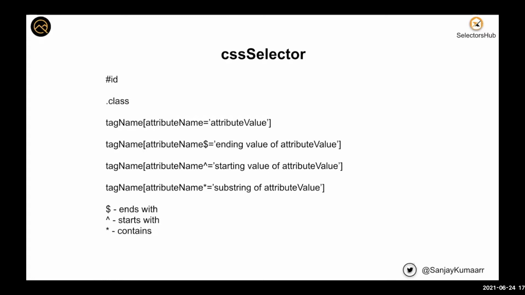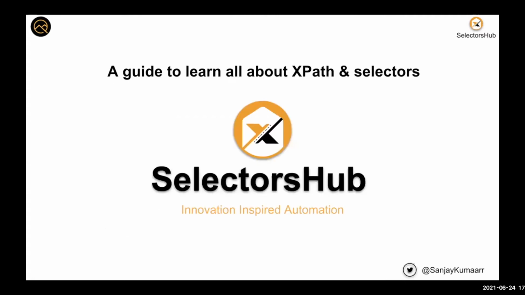So learning from a book and a blog can give you the basic fundamental concepts, but to become an expert you need a smart editor. From a smart editor you become an expert, because it gives you the errors and all the functions. We never had any smart editor for XPath and selectors, and now this is the new innovation, SelectorsHub.